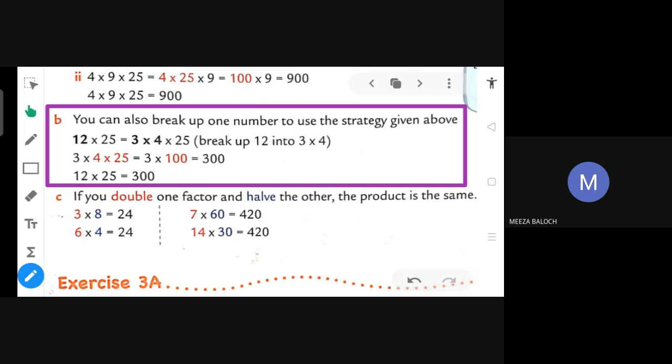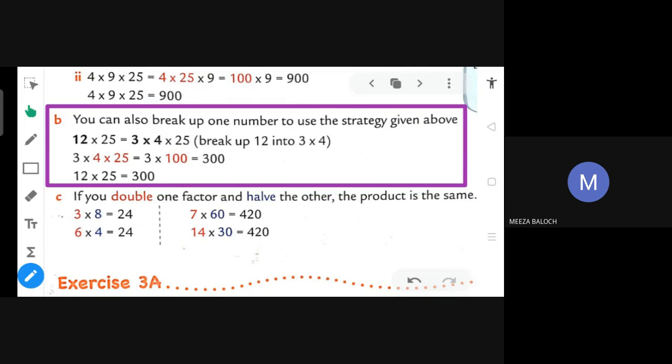You can also break up one number to use the strategy given above. 12 times 25. 3 times 4 times 25.